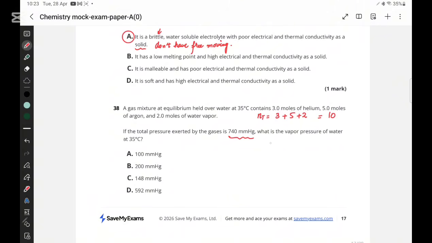So for water, the partial pressure of water vapor is equal to n of water divided by total number of moles times the total pressure. So n of water is 2 divided by 10 times the total pressure, that is 740, and that comes out to be 148 millimeters of mercury. So our answer is C.